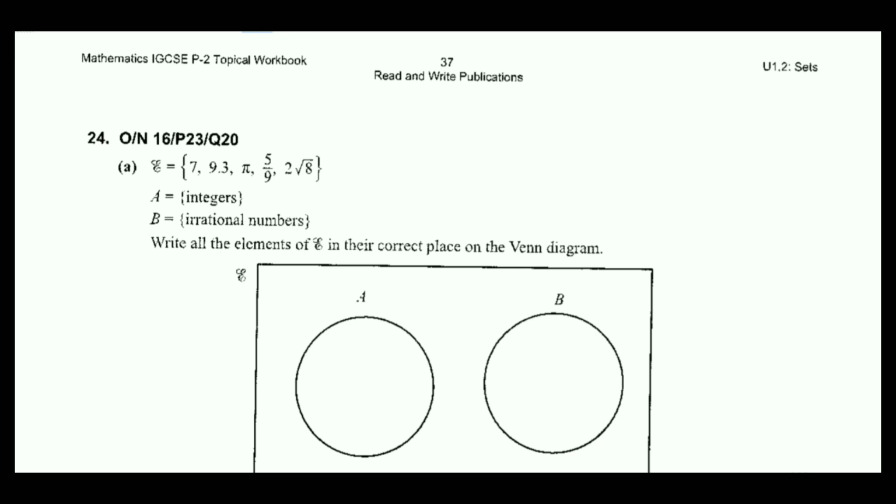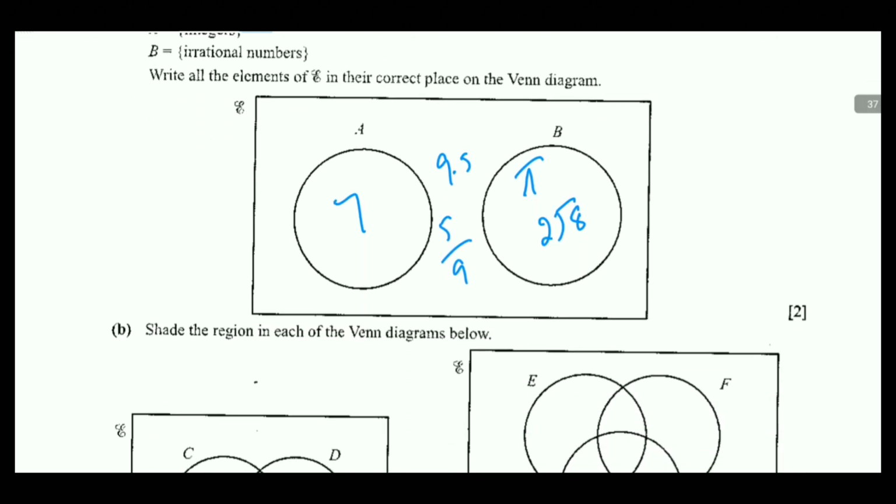No decimal and fractional values are integers. It means from the universal set just 7 is an integer. 7 will be written in A. In set B, irrational numbers. Pi and 2 under root 8 are irrational numbers from that set. So 9.3 and 5 by 9 will be written outside the circle.